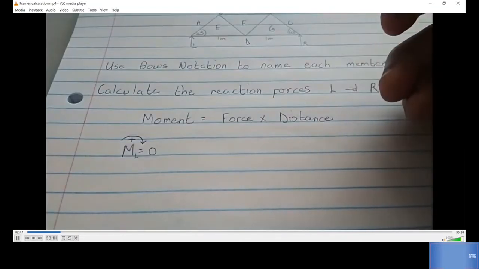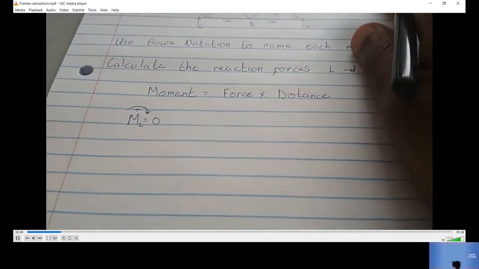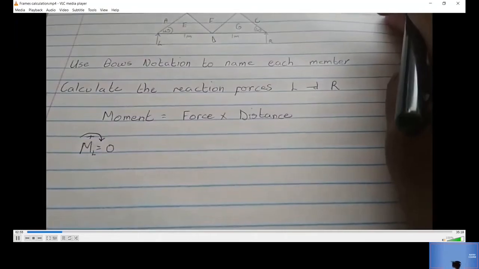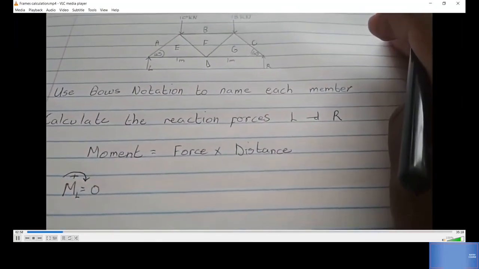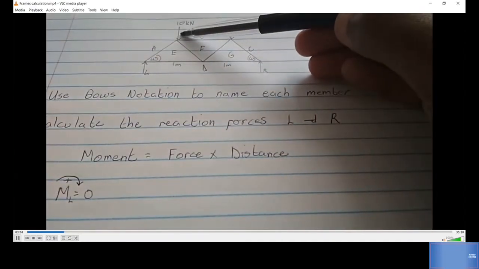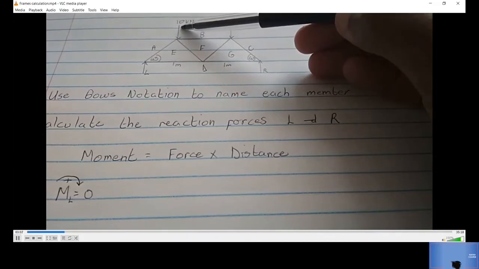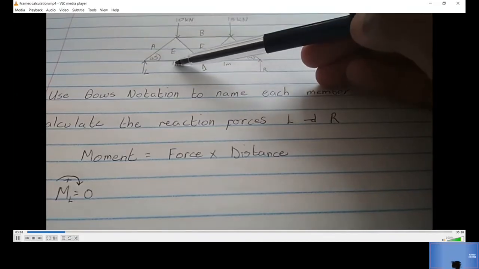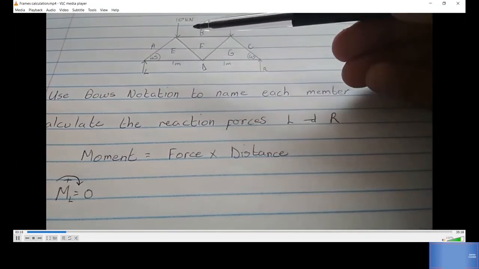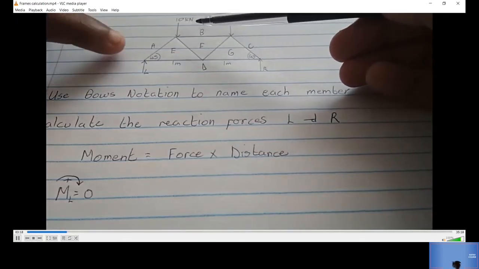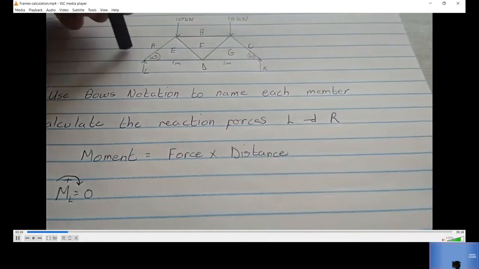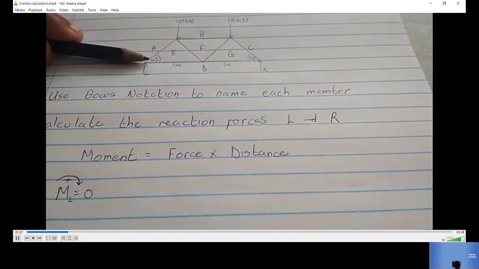Okay, so that means what you must do is that, let's look at this properly. I want us to see all the forces there. Okay, you see that the first force is 10 kilonewtons. Okay, and it's going down, and from there it's at a distance of 0.5 meters. Now what I always do is that I like to put my finger there, or let me just put a pencil to make sure that I know where I'm taking the moment from.